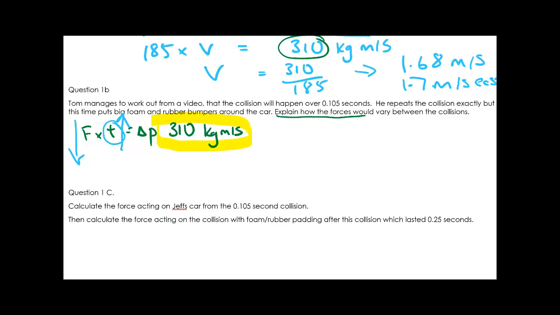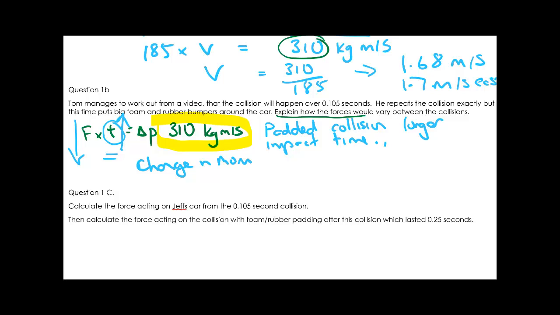So for this one, if it's padded, you'll just be describing how the padded collision results in a longer impact time. And if the time takes longer, then you should also state that the change in momentum is the same.